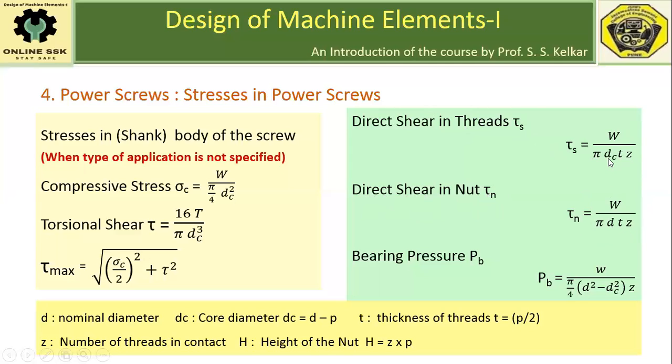There is a difference of D in the direct shear stress inside the threads of the screw and the nut. For the screw, we take dc in the denominator, whereas for the nut, we take the nominal diameter D in the denominator. This is the only difference, otherwise the remaining formula is one and the same.